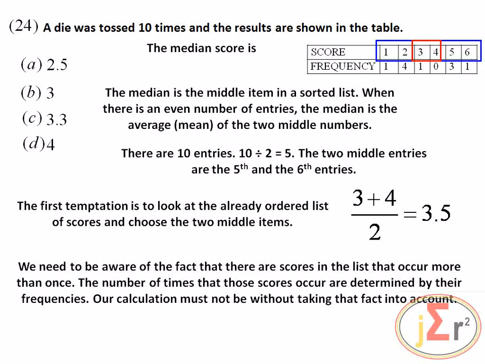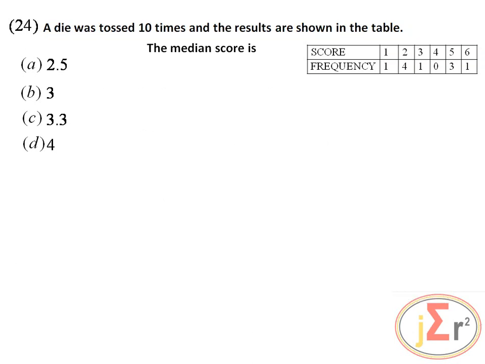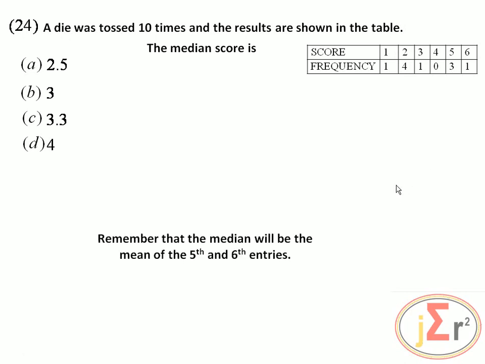The number of times that those scores occur are determined by their frequencies. Our calculation must take that fact into account. So we have not just one 2, but we have 4, and of course here we have 3 5s.